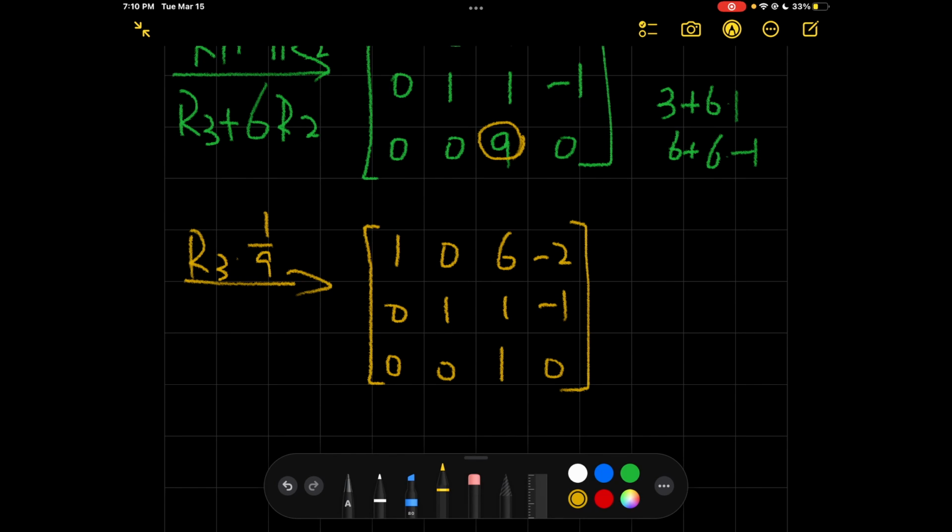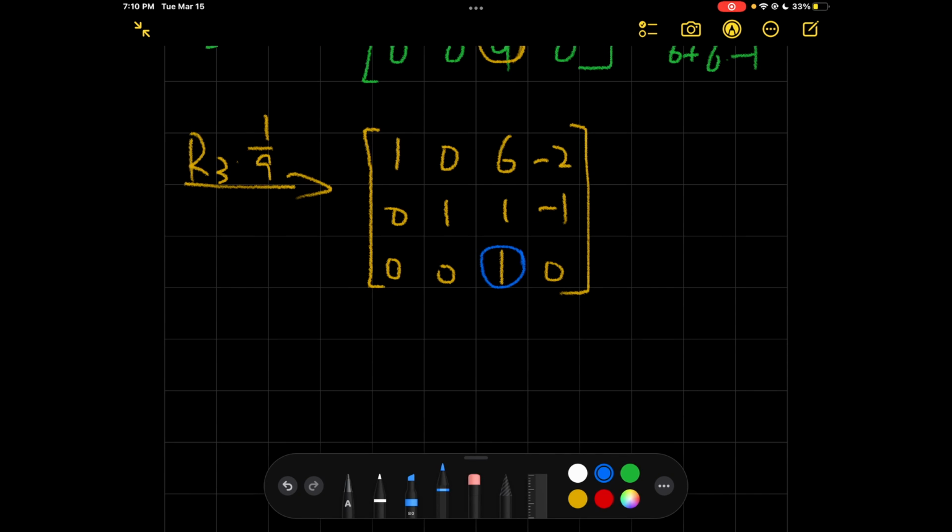And now we try to use this one as a pivot point and knock out those to be 0. We can knock out at the same time, which we have row 1 and row 2, right? Row 1, we try to use this row 3 as a pivot point, minus 6 of row 3. And row 2 minus row 3.